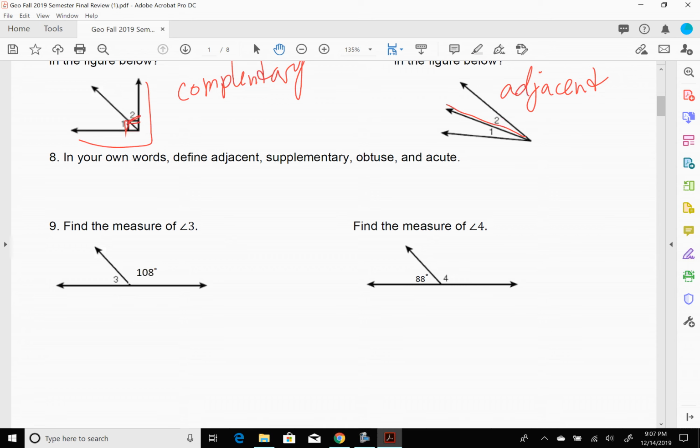Okay, number 8. In your own words, define adjacent, supplementary, obtuse, and acute. So adjacent I would say means that the angles are touching, they're attached. Obtuse is greater than 90.